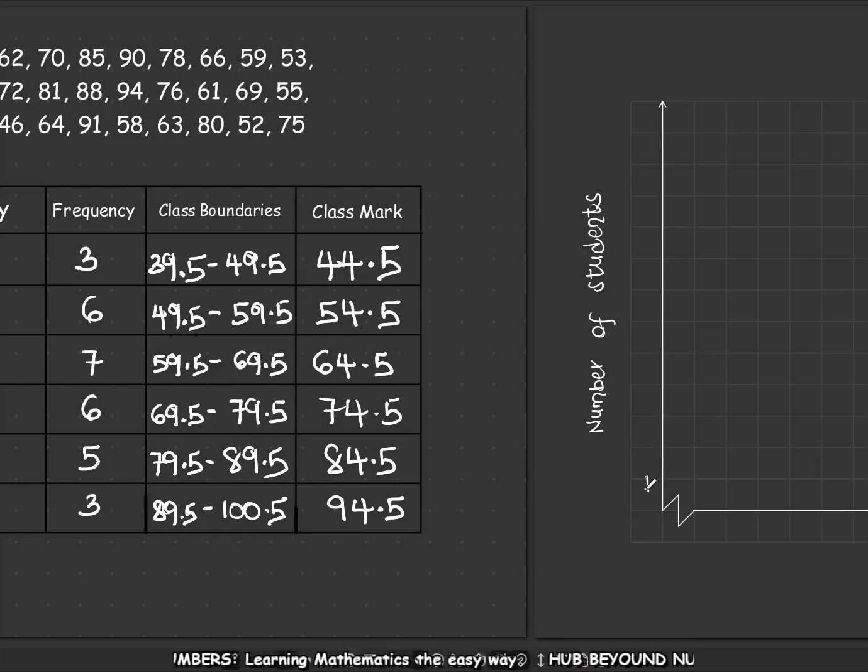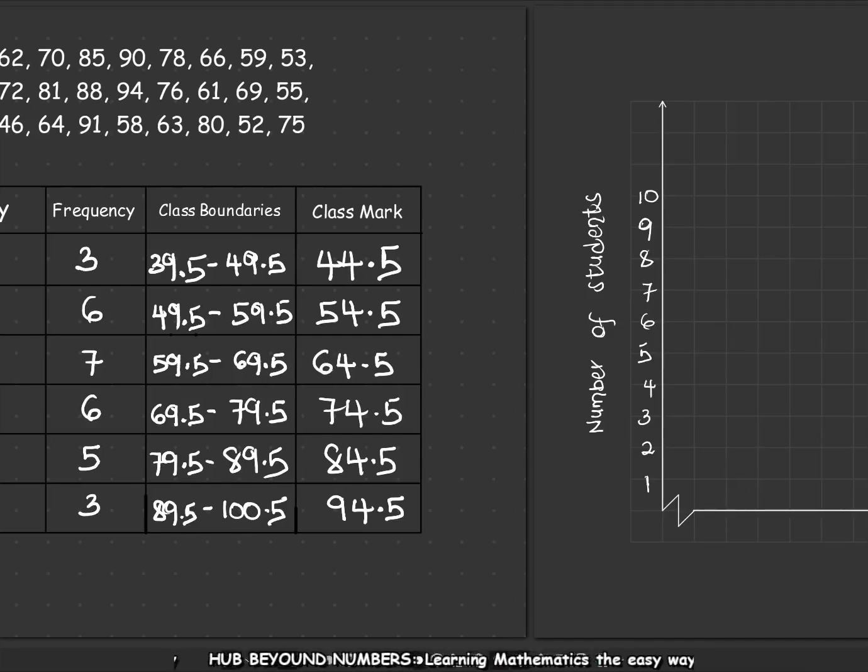So I have my 1 here, and then a 2, a 3, a 4, a 5, a 6, 7, 8, and then 9 and 10, though we don't even have a frequency of 10. But I've made sure I have my 7 over here.